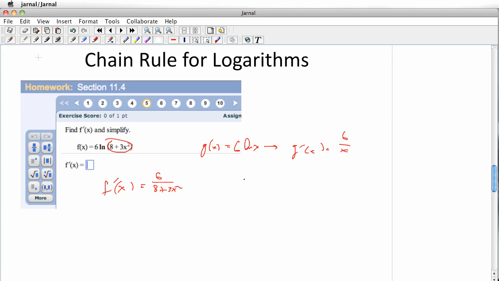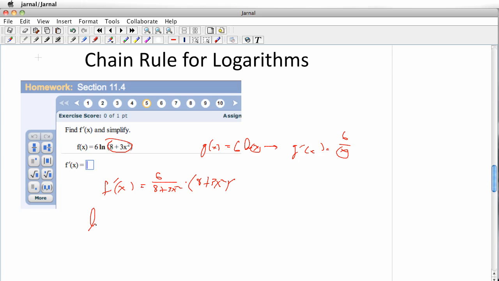So instead of 6 over x, it's 6 over whatever's in there. But that was what I would get by just following the rule as it is. The chain rule says that's incorrect. I have to multiply by the derivative of the stuff.